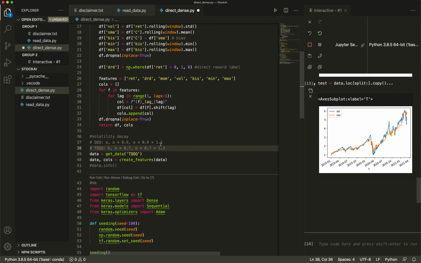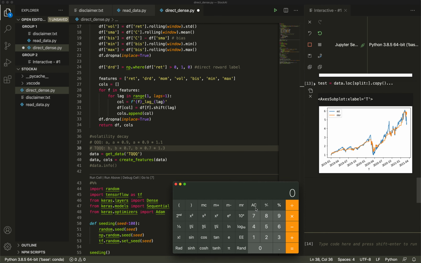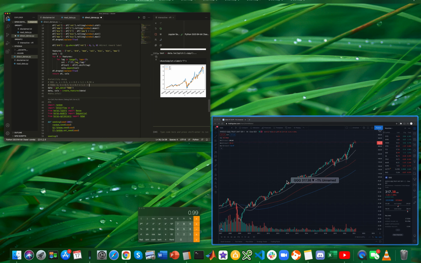Then what's going to be the end result? For QQQ, 0.9 multiplied with 1.1 is 0.99. But what about TQQQ?